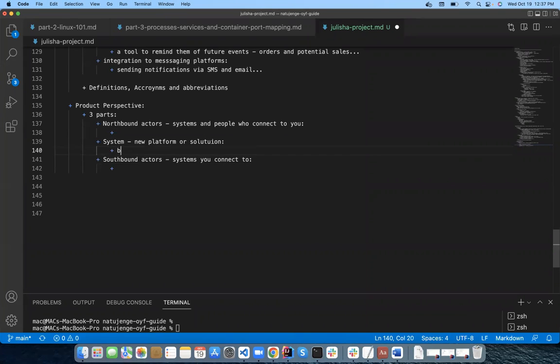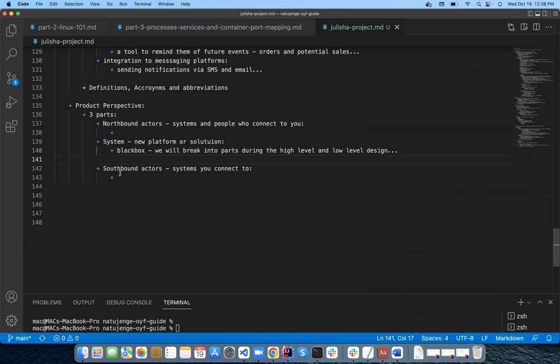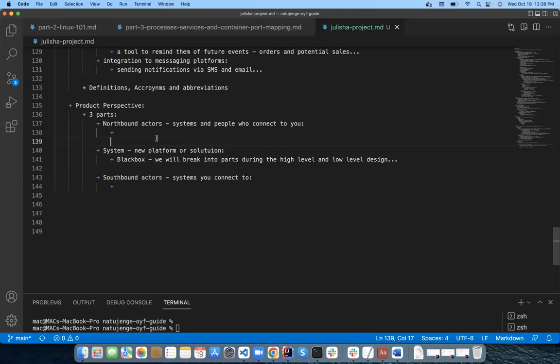For now, it's normally a black box, so you don't break it. We will break it into parts during the high level and low level design.